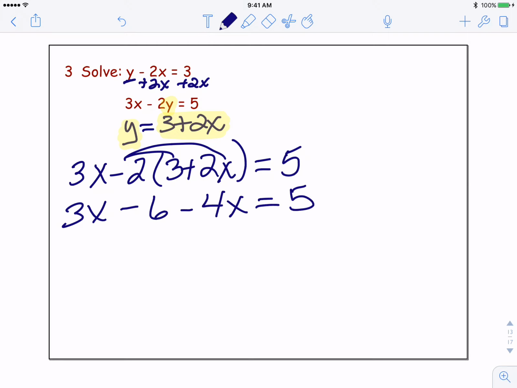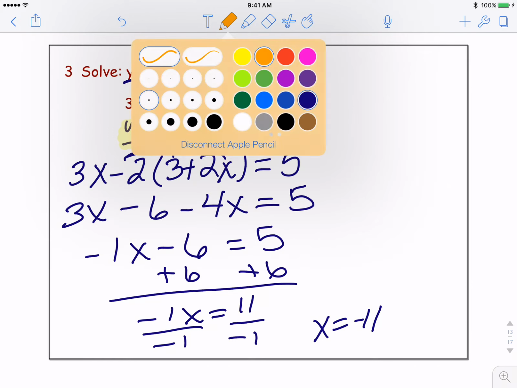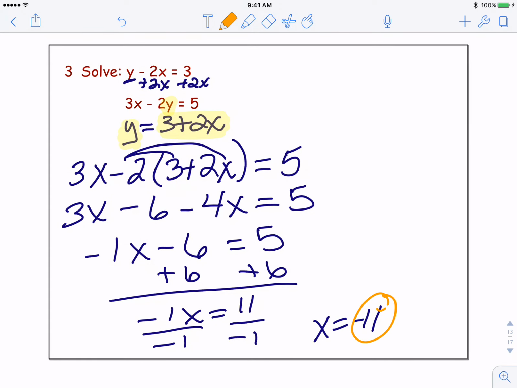Now I look at my equation, I can combine some like terms. So I have negative 1x minus 6 equals 5. I'm then going to add 6 to both sides to get negative 1x equals 11. Then I'm going to divide both sides by negative 1 to get x equals negative 11. I now can take that answer of x, plug back in, and find y.